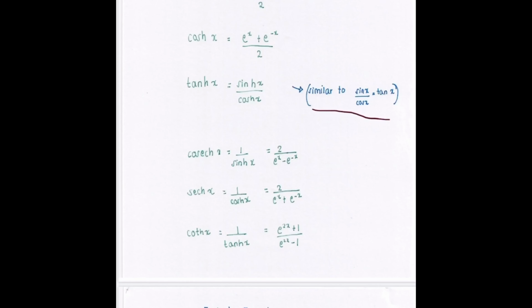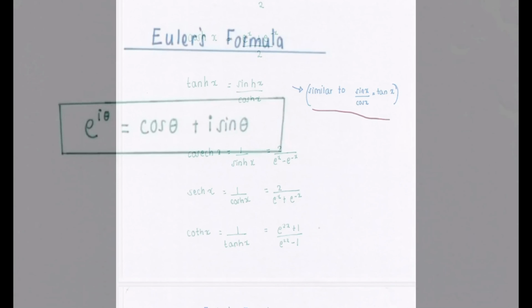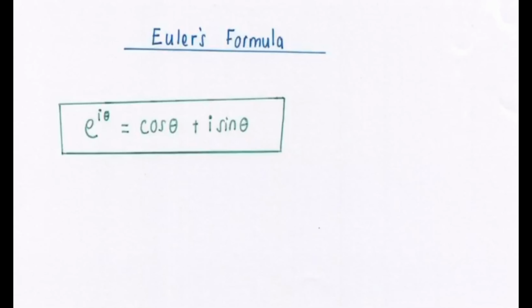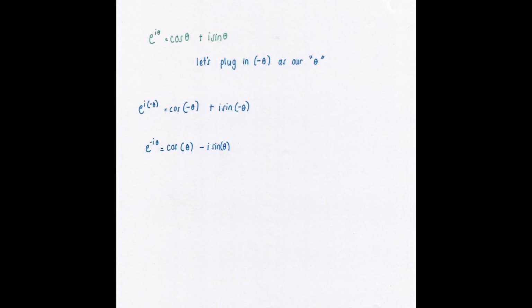We can make both these connections and make sense of them if we step into the imaginary world of numbers. Our key is using Euler's formula, which is written out here. e is the base of the natural logarithm, i is the imaginary unit, and theta is the angle measured in radians. Using Euler's formula, we choose to plug in negative theta as our input.